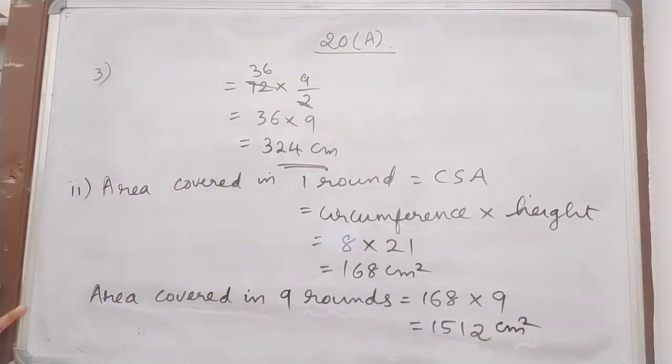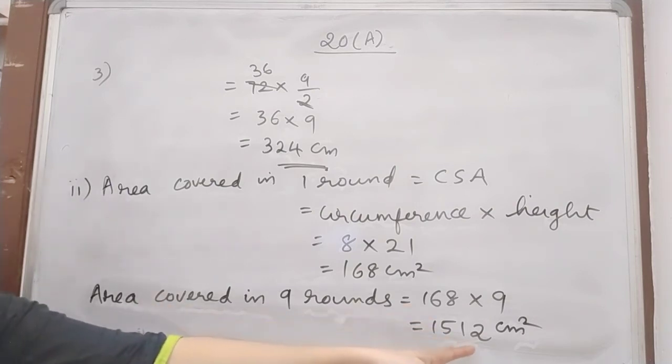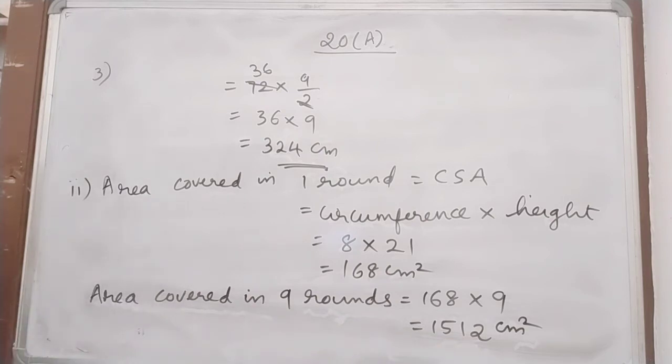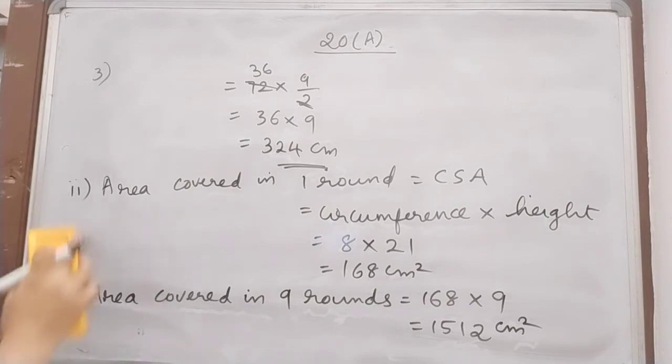Then what we have to find out? Area covered in 4 1/2 seconds. So 9 rounds means how many seconds? 1 second. Area covered in 9 rounds is 1512 centimeter square.